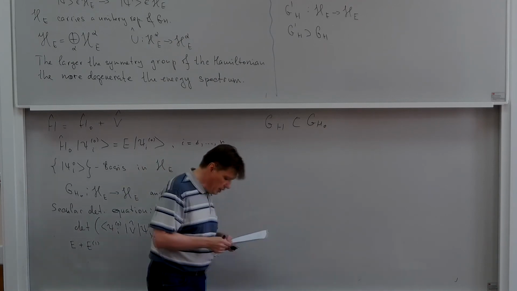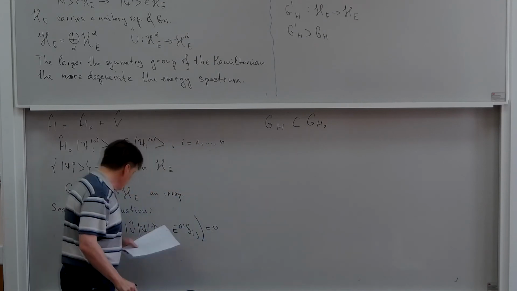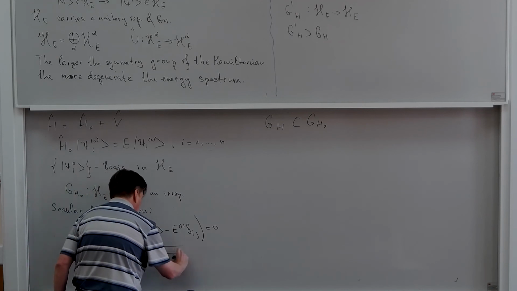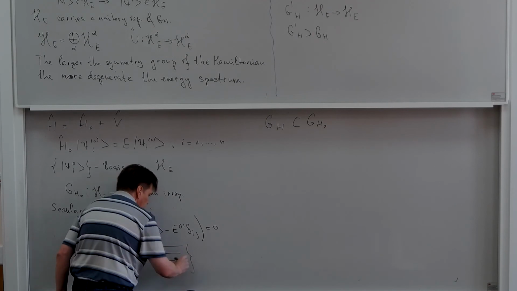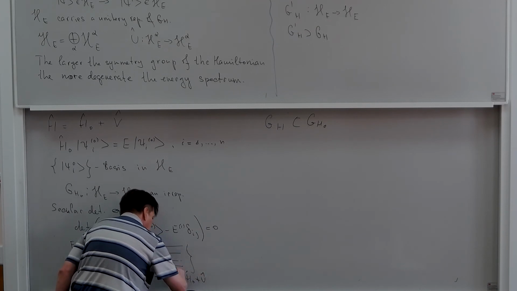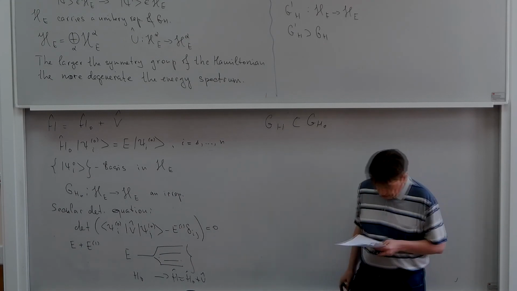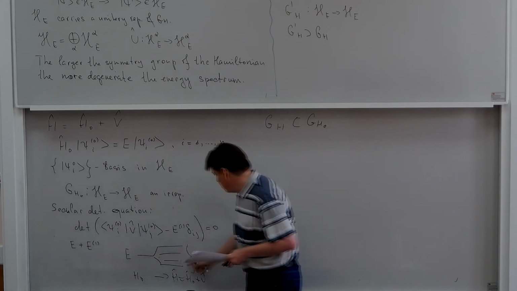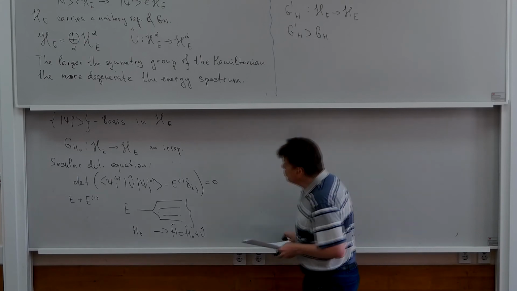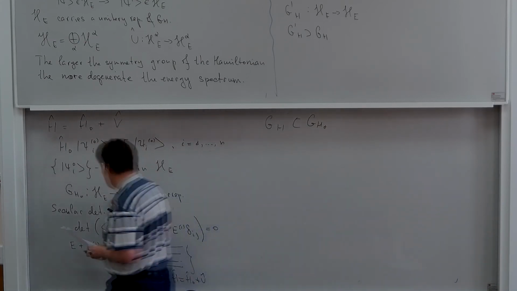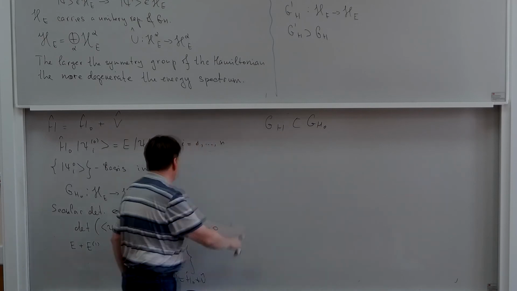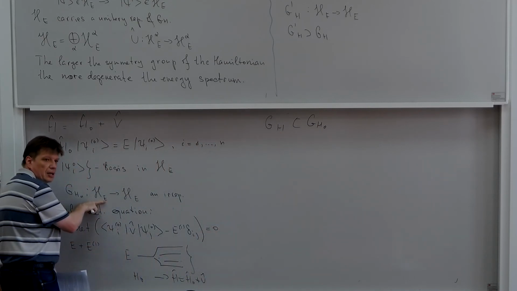So we are led to conclude that the number of different levels upon splitting of the degenerate energy level due to the presence of the perturbation V is given by the number of irreducible representations of the subgroup G_H acting in the eigenspace H_E.